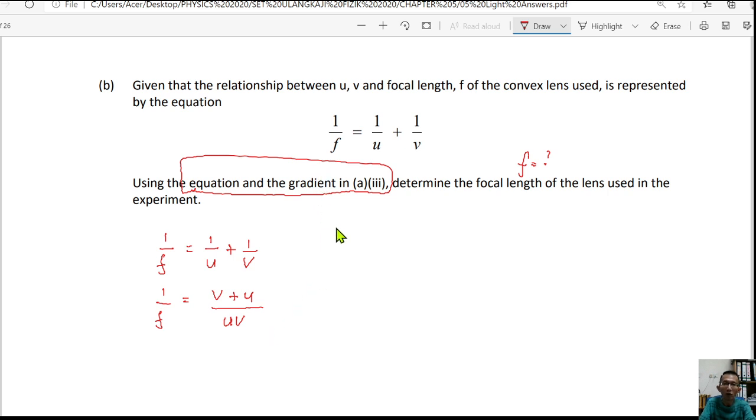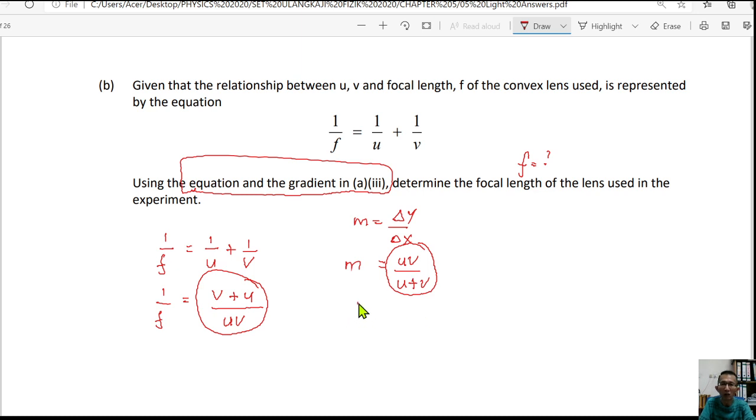So if I go to my gradient just now, m is the difference in y divided by the difference in x, right? And then my y is uv, and my x is u plus v. This is my y-axis, this is my x-axis. So this is the gradient. You see here, it's v plus u over uv, but here I have uv divided by u plus v.